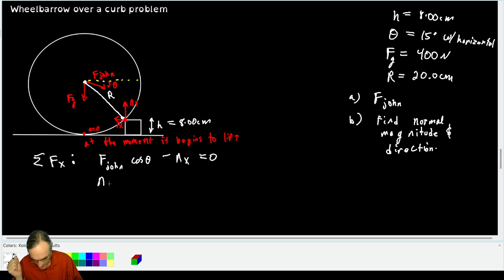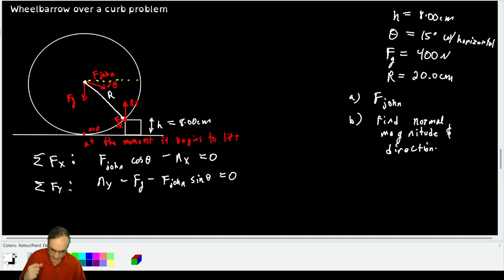Then we have a vertical, ny, minus Fg minus force due to John sine of theta, and that's 0 too. All right, let's see. Do we have enough information to go at anything? We don't know nx, we don't know ny, we don't know F John, so we are stuck at this point. We are going to need the third equation for the sum of torques.